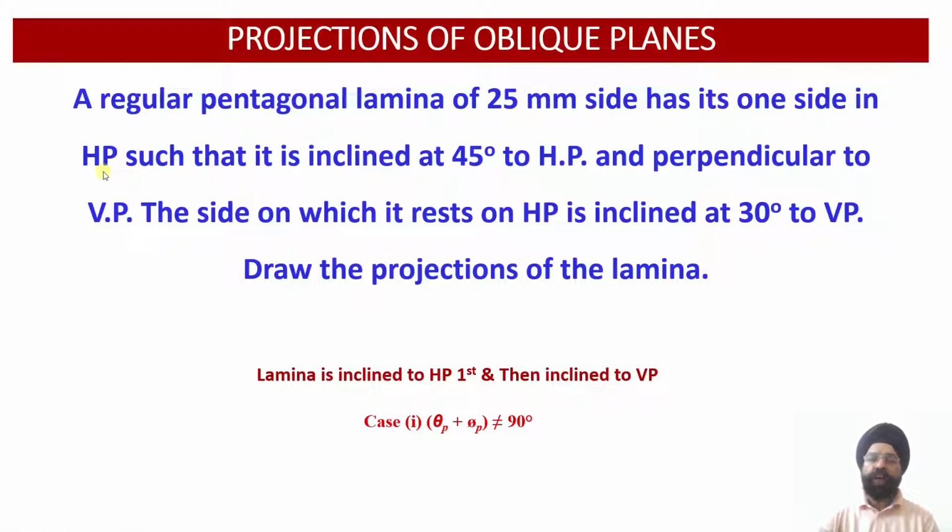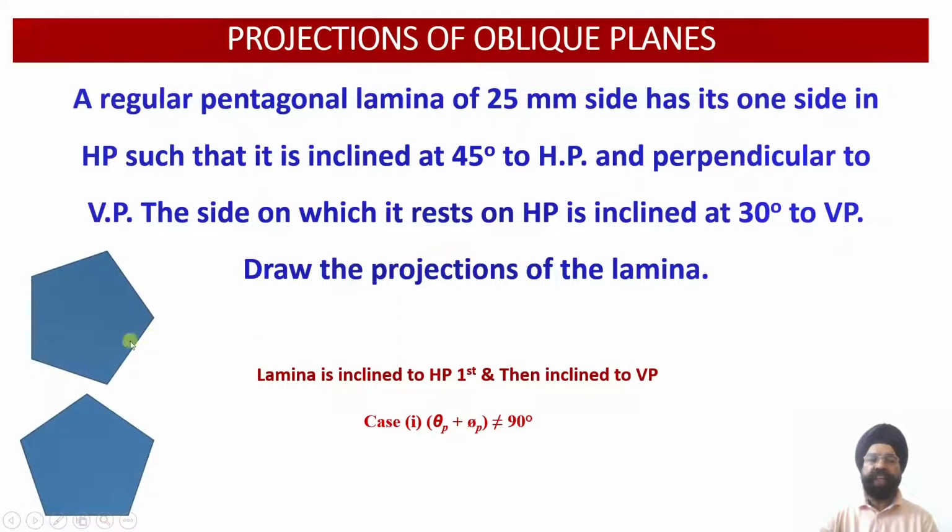Now the question arises: these are the two positions in which we can draw the pentagonal lamina below the XY line. We need to verify which position is appropriate for such a problem. So once again we'll read out this question and find out which of these two positions the pentagonal lamina can be drawn in.